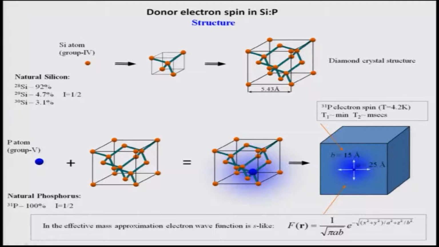So, a phosphorus-31 electron spin is the one being utilized as a quantum system for this computing application.